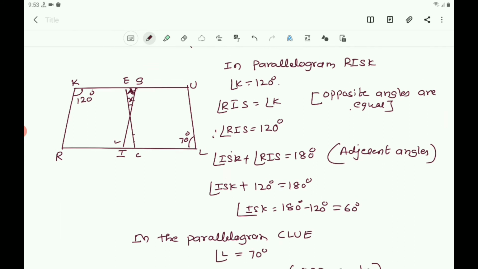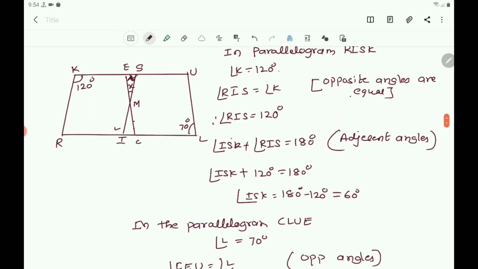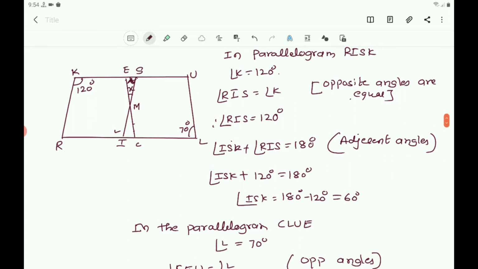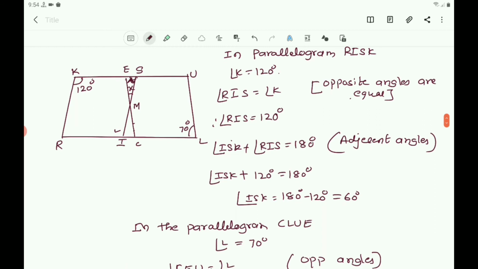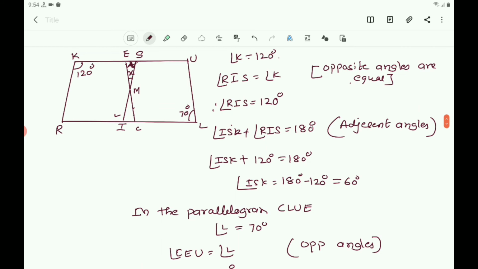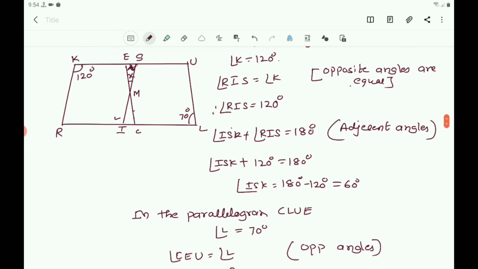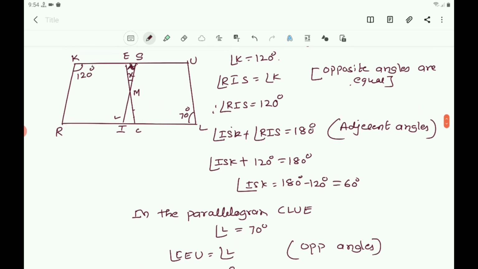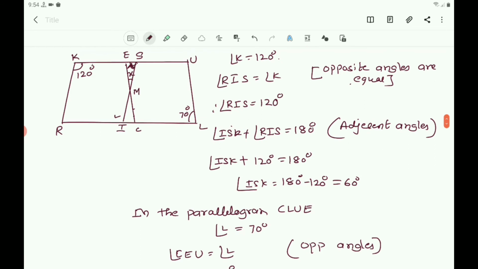Now you take the triangle. Which triangle is it? Consider this is M or whatever it may be. M is the point of intersection of the two sides. One of the sides of the parallelogram RISK and the other one is the side of the parallelogram CLUE. So they meet at M. So let us consider the triangle EMS. To find x, you consider the triangle EMS.